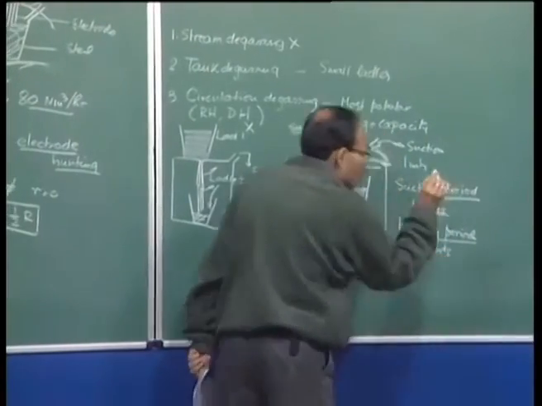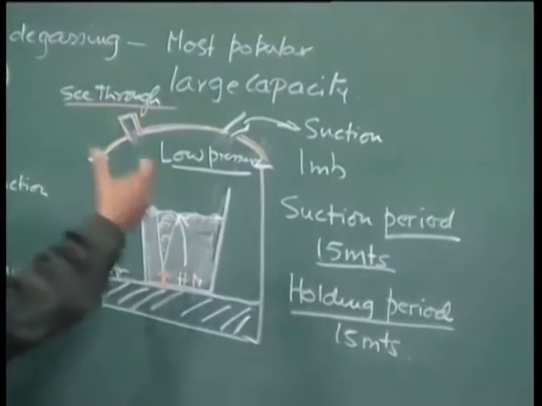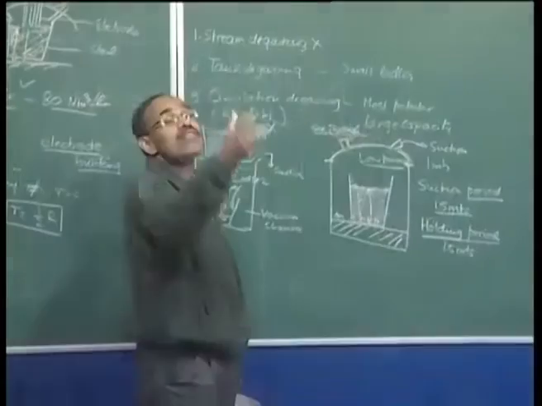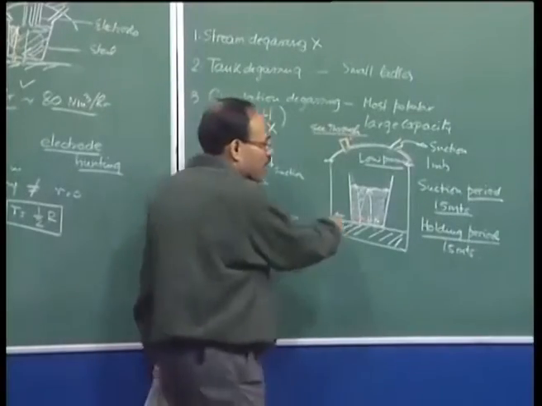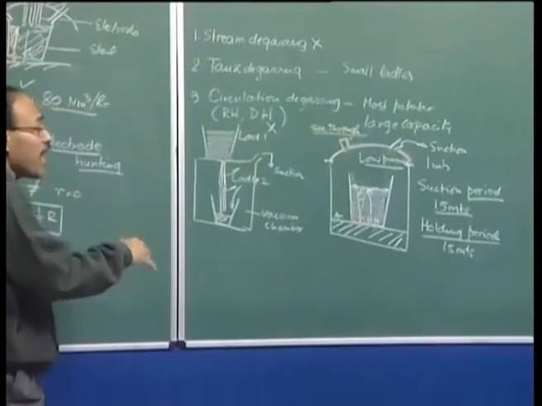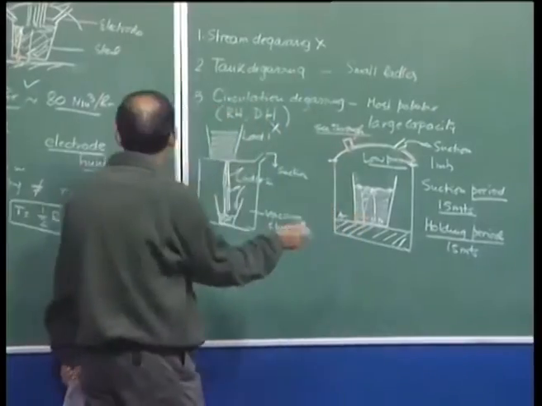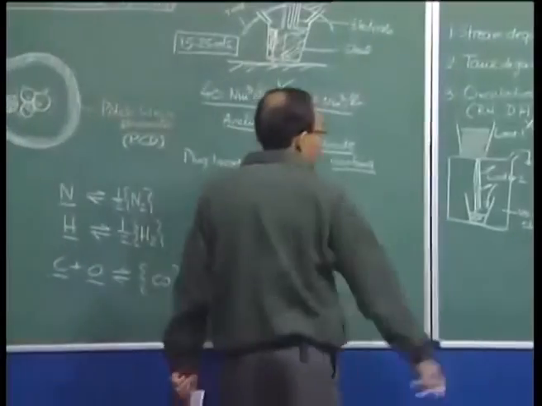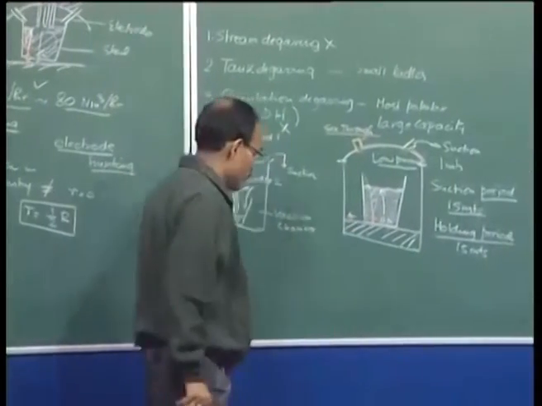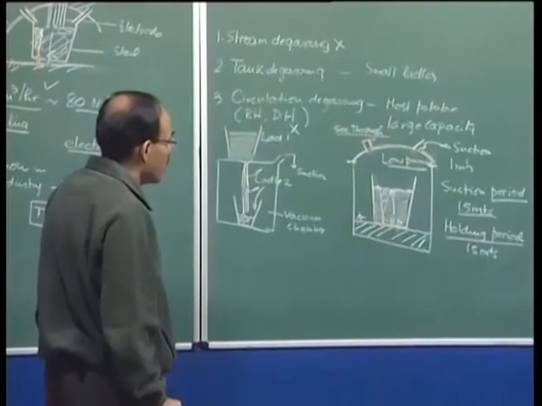That is about 30 minutes of processing time for about 50 tons of steel. During the suction period, the pressure in the chamber continuously drops, and once 1 millibar pressure is reached, you give about 15 minutes of holding, and during this duration, with argon gas injection, these reactions are driven in the forward direction, and as a result we produce low nitrogen and low hydrogen steel.